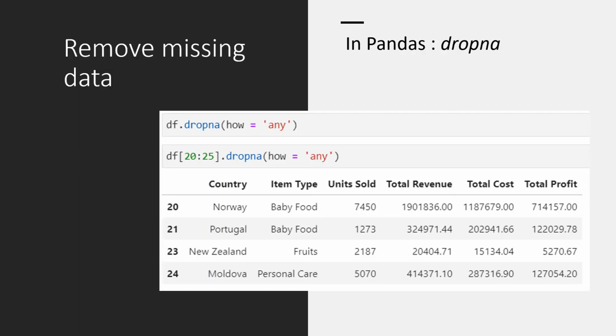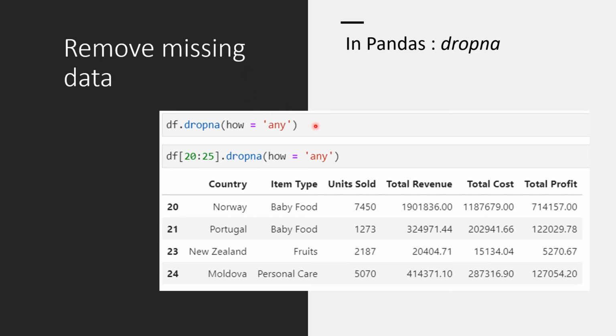Removal of missing data. This is a very important topic to discuss when you are dealing with datasets that have missing values. Before you graph data, you must remove or fill it with a suitable value. In Pandas, you can remove missing values using the dropna method. You can drop entire rows if they contain any NaNs in them.